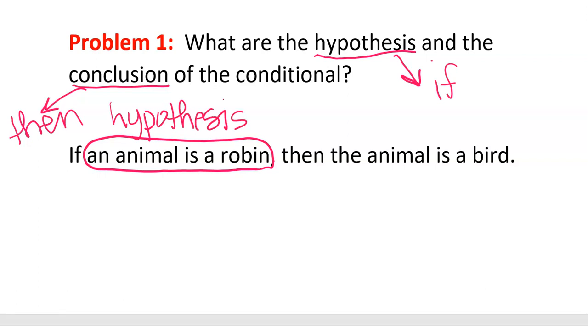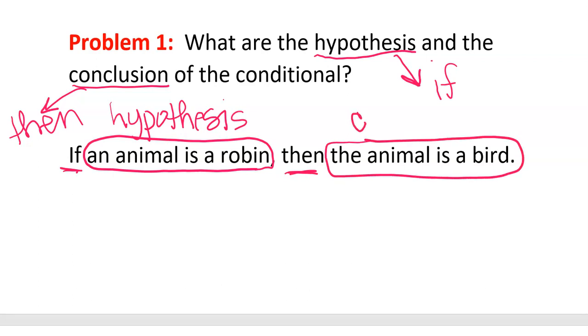So hunt for the if part. And don't circle that with it. It's everything else in that particular statement. So my hypothesis is an animal is a robin. For the conclusion, you look for the word then, and you circle or write everything else. So my conclusion is the animal is a bird.